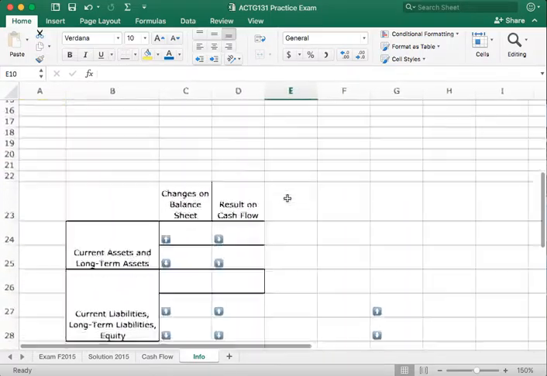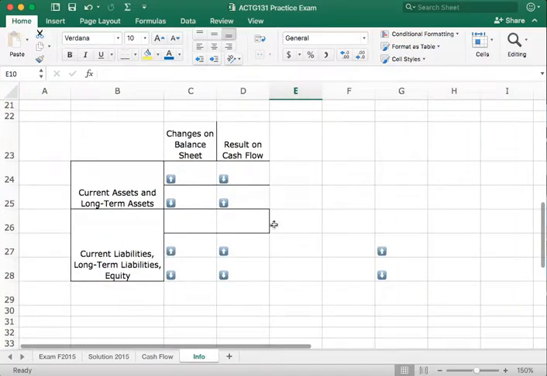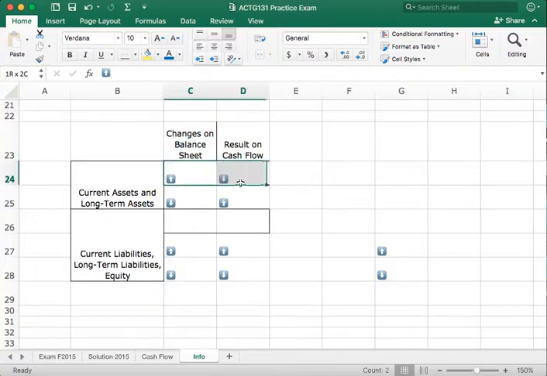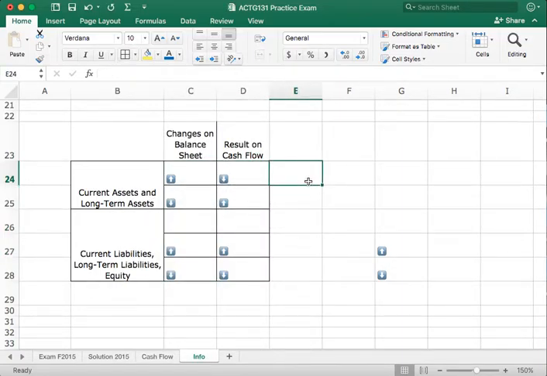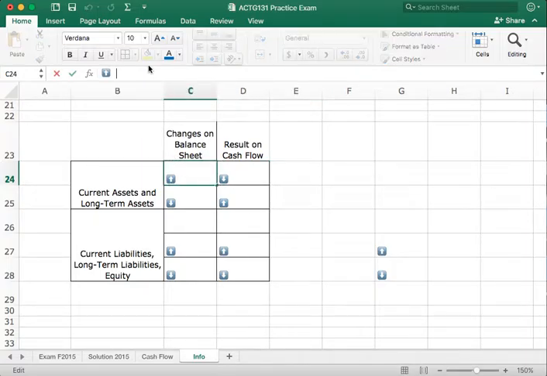So I'd like to show you a quick little reference sheet for how the balance sheet and the cash flow work together. Let's work with this first section here, current assets and long-term assets.